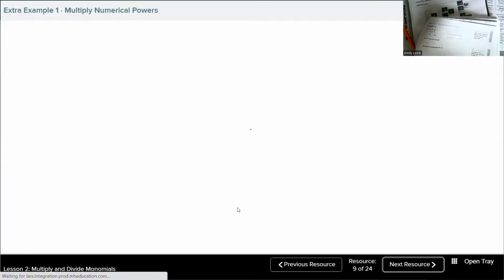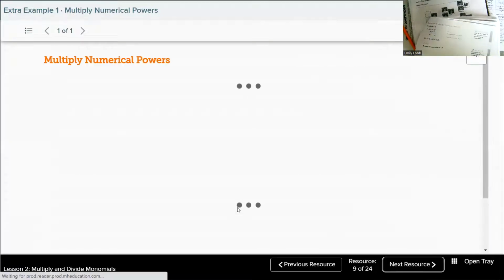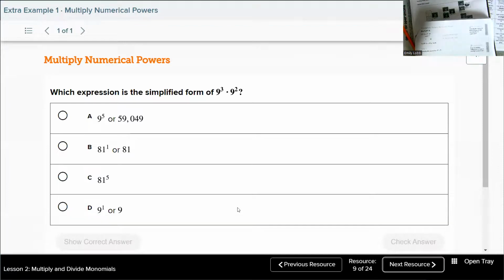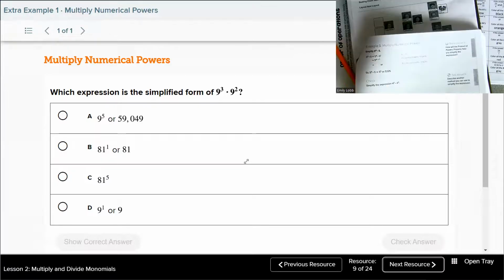Now I want you to check this one. Remember, our extra examples are not in our packet, so you're just going to write it out next to it. I'd like you to write out the problem though, right?